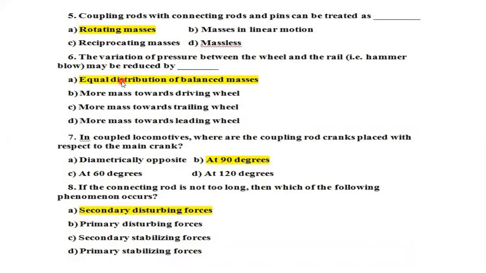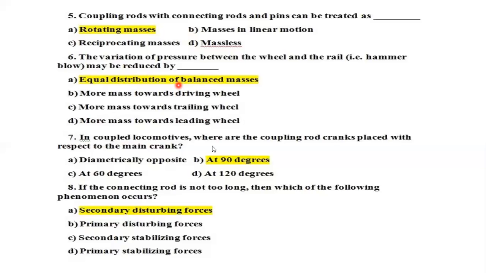Next is, the variation of pressure between the wheel and the rail is known as hammer blow, which we know already. It can be reduced by equal distribution of balanced mass between the three wheels, that is driving, leading and trailing wheels respectively.